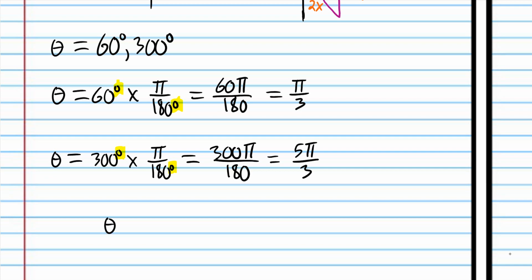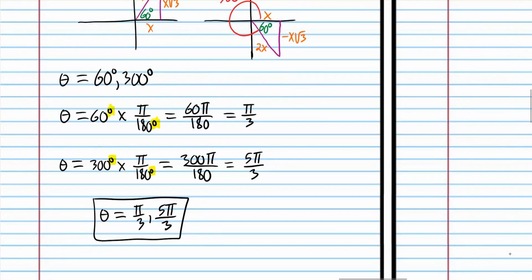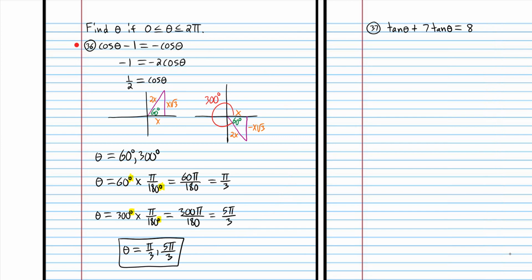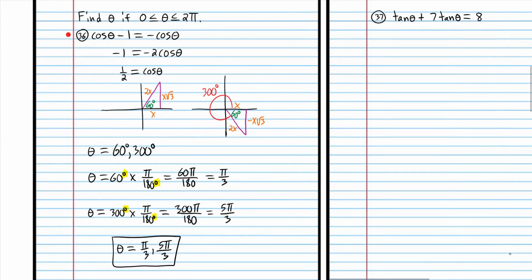So the final answers are pi over 3 radians and 5 pi over 3 radians. Those are the solutions between 0 and 2 pi. So these are the same problems that we did in previous parts of the course. The only difference is we're just writing our answers in radian units for the measures of the angles.